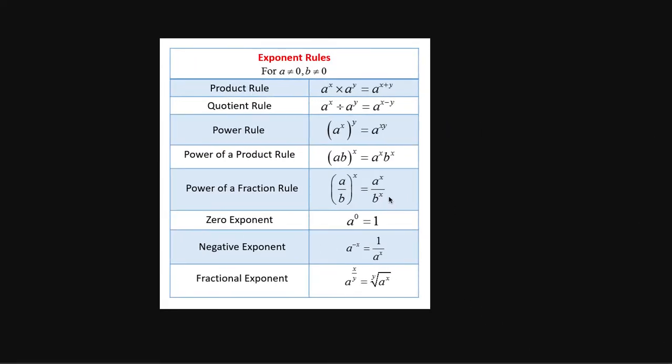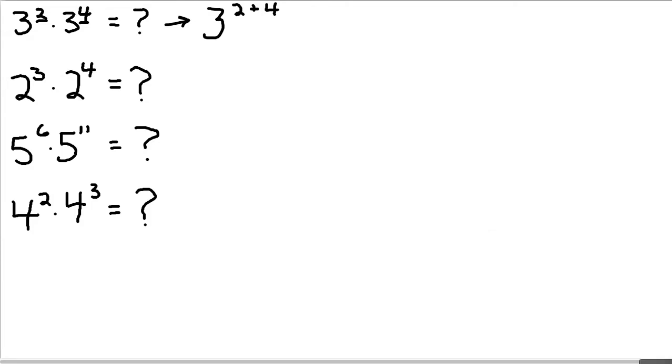This is just based off of the product rule. Once you add these two, that gives us 3 to the 6th. And at that point, it's pretty simple.